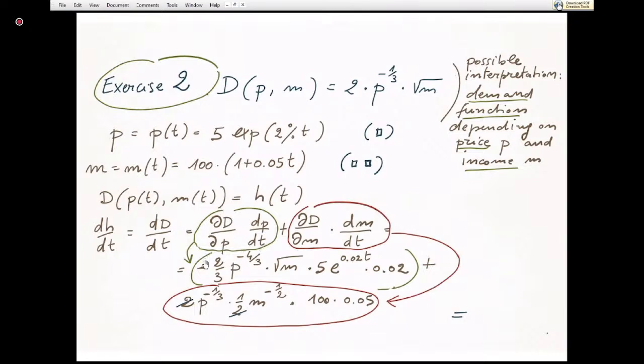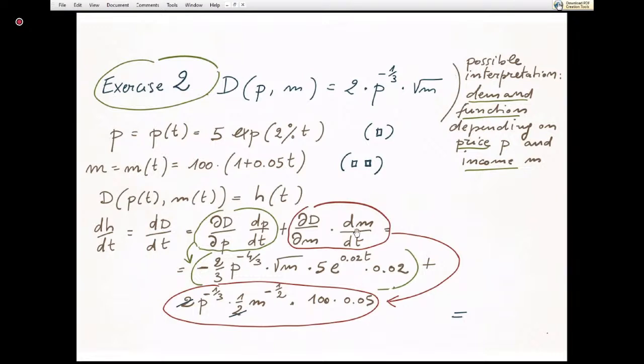Look, the first factor of the green part is 2 times minus 1/3 times p to the power minus 4/3 times square root of m, times the derivative of p with respect to time, which is just 5 exponential 0.02t times 0.02. The derivative of the exponential function is the same function multiplied by the time growth rate. So this is the green part, the first additive term.